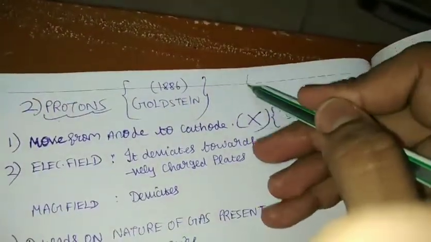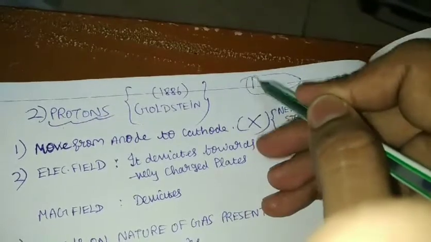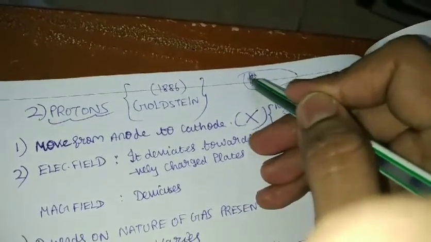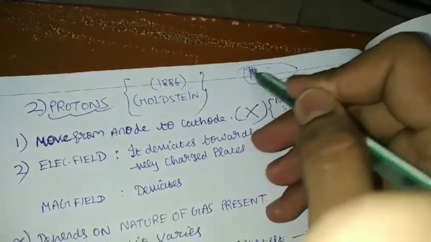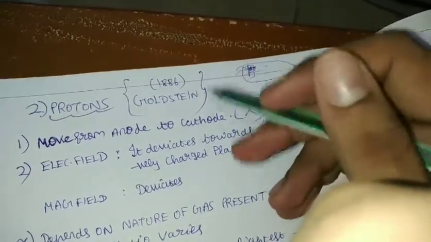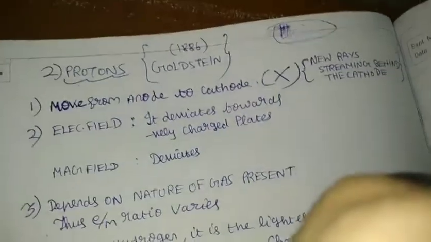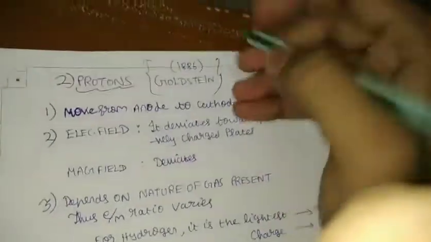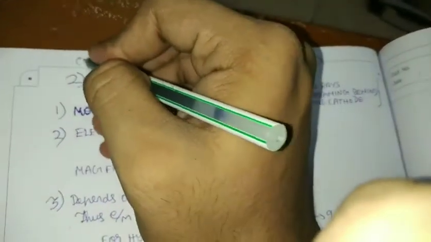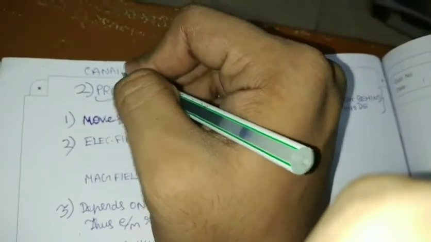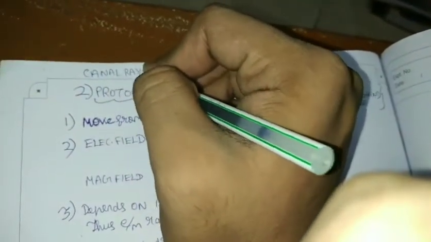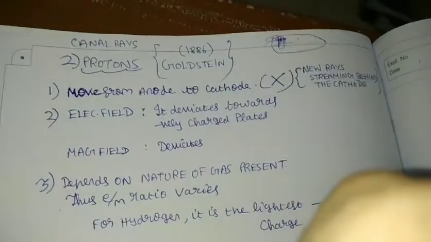If this was the experiment, and this is the cathode, if you put a hole here, the rays were streaming into the perforated hole. So he named it canal rays, or anode rays, both are correct.